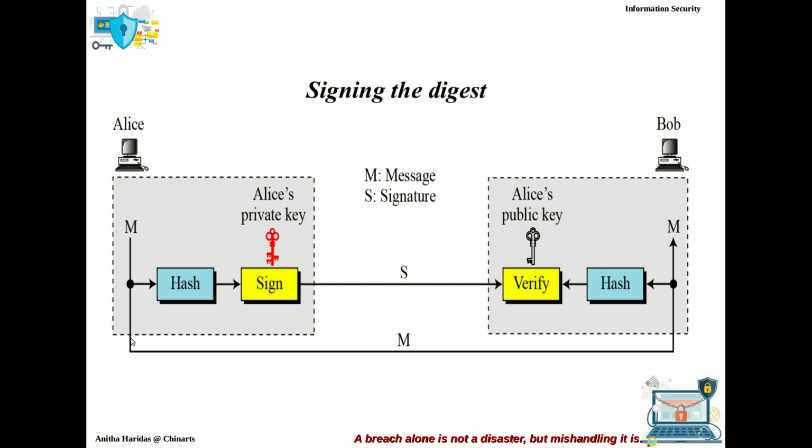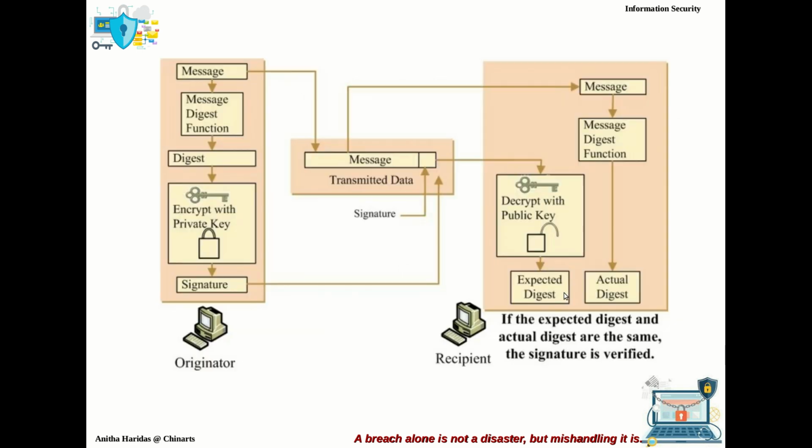And the message is also sent to the receiver, and here again the message is given to the hashing function, and it is going to check whether this hashed message and the decrypted message are the same for checking the authenticity, right?